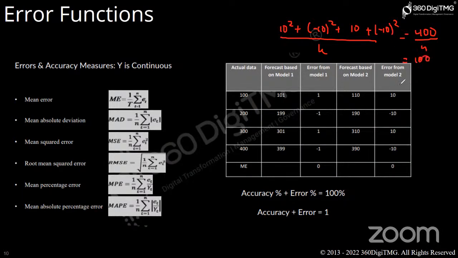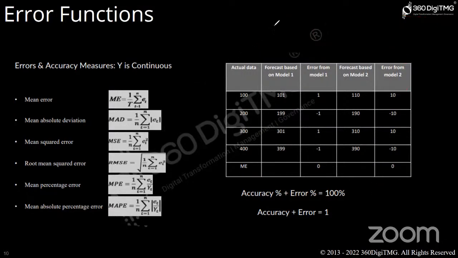So 100 is your mean squared error. Root mean square error is basically taking the root of the mean square error. So we are taking the root of this entire thing. So RMSE will be 10. Okay. So these are the first 4 measures.